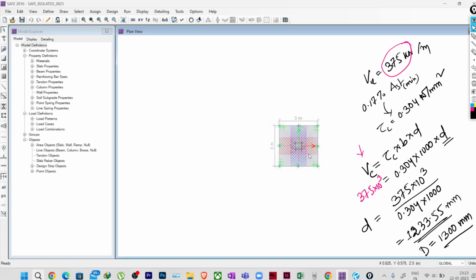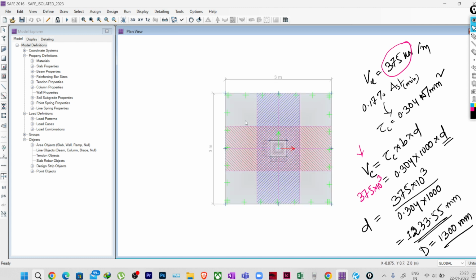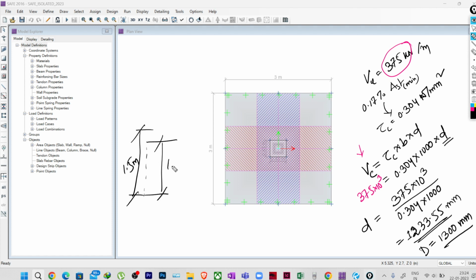One more thing we need to do: as we have changed the thickness, the overburden load or the soil load that we have provided here will also reduce, because earlier the founding level we considered as 1.5 meter, and now the depth of our footing itself is 1.3 meter. So only this much will be soil for us, which is 0.2 meter. This is my soil.